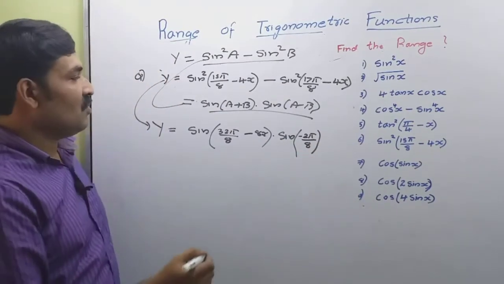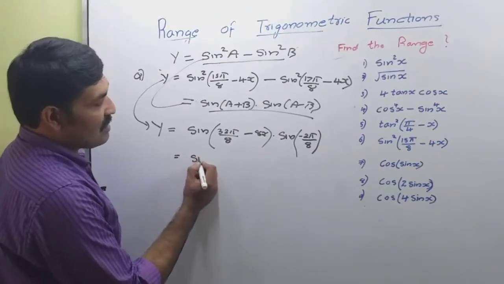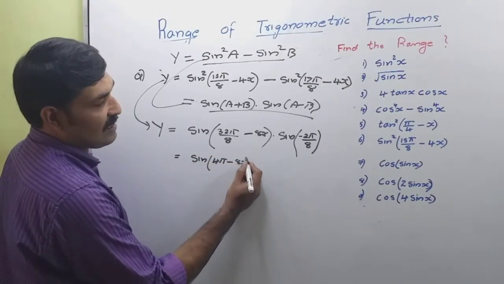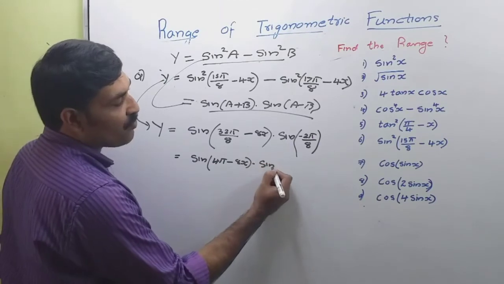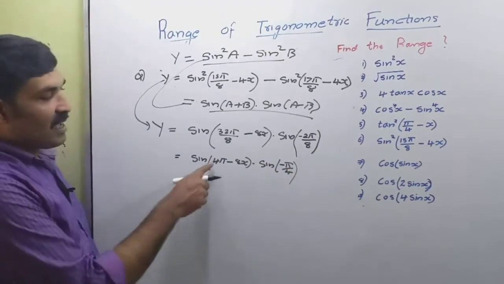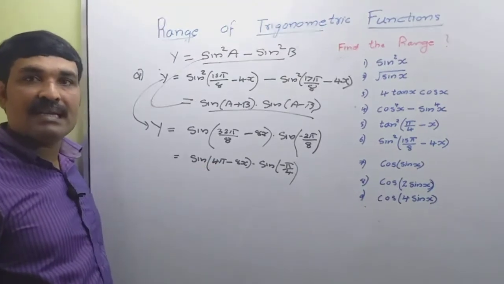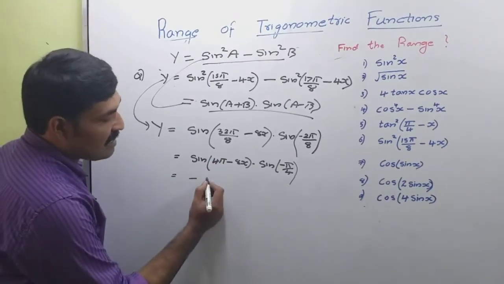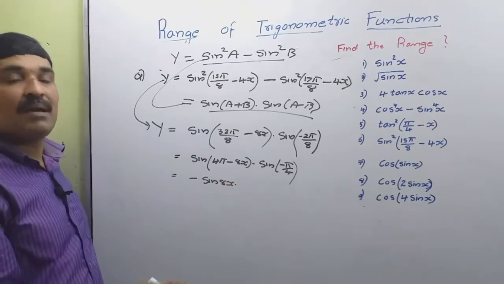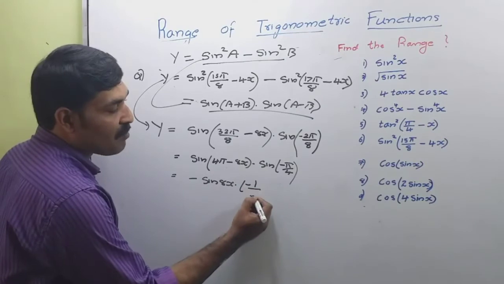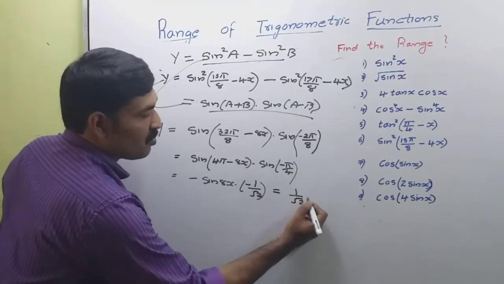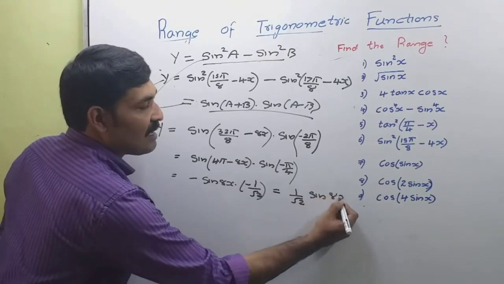Now this is equal to sin(4π − 8x) into sin(−π/4). sin(4π − 8x) is equal to −sin 8x, so that is −sin 8x into sin(−π/4), that is −1/√2. So this is equal to (1/√2) sin 8x.